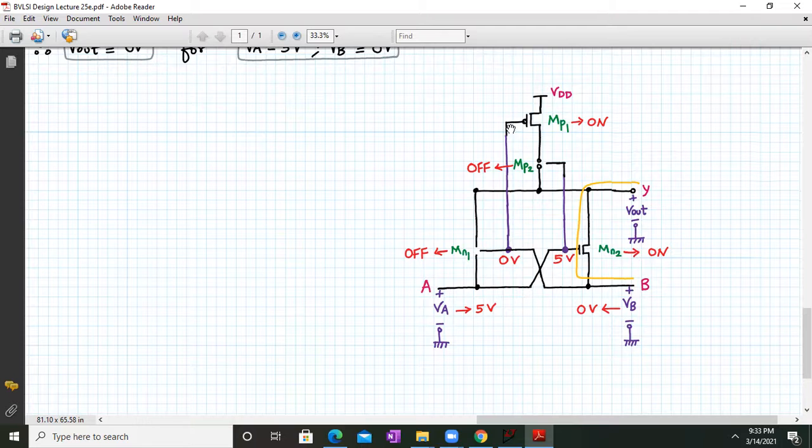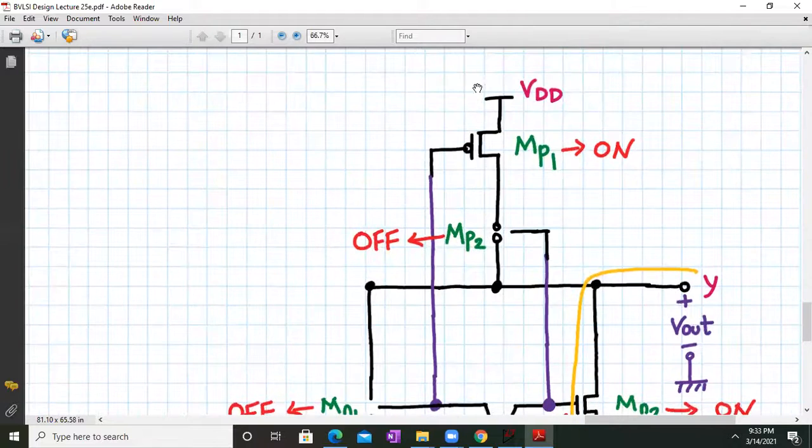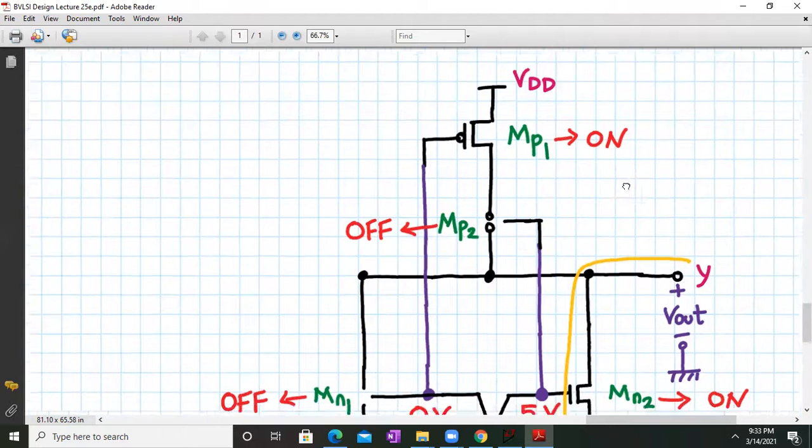But at the same time, MP1 will be on because if you apply 0 volt to the gate of a PMOS transistor, that will be on. But 5 volt applied to the gate of MP2 will make it off. So your pull-up network will be off basically. Here it is, the pull-up network will be off because these two transistors are connected in series. So your VDD will be disconnected from the output.